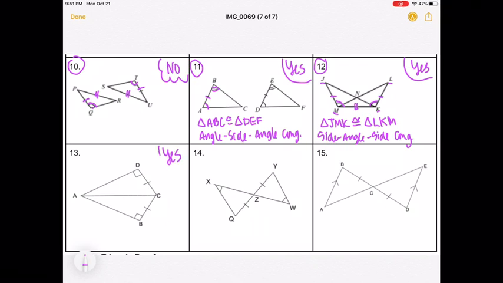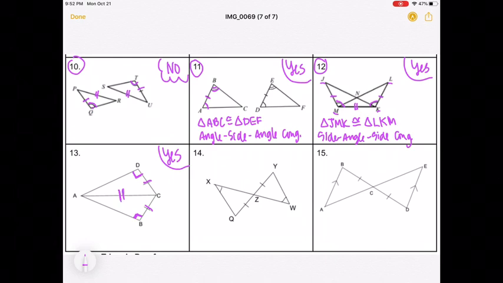So 13, you should have had yes, it is congruent. We have those 90-degree angles, so we know those are congruent because they're the same. We have DC congruent to BC, and we also had a common side, so AC is congruent. Now, side-side-angle is not a thing, remember, but there is hypotenuse leg. Hypotenuse leg is only for 90-degree triangles.